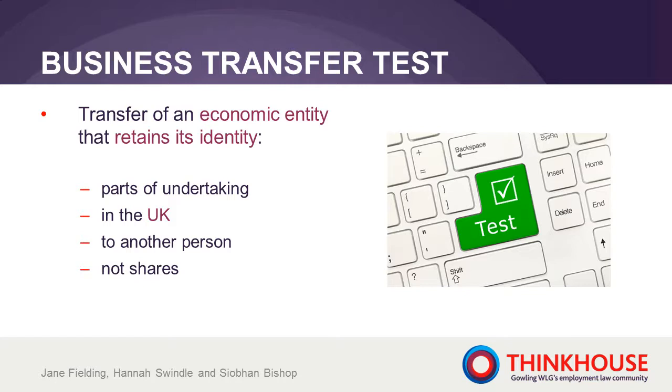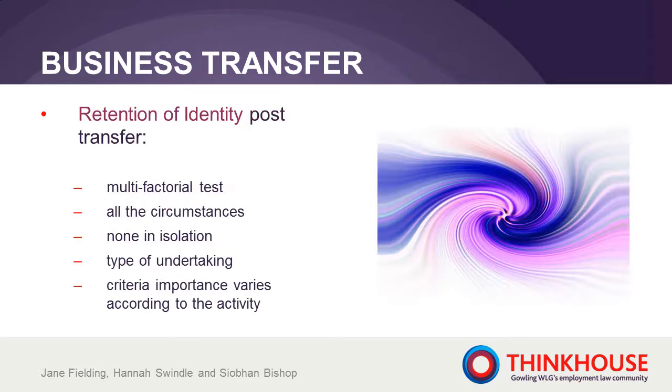So just looking a bit more closely at retention of identity, what do we mean by that, and how will a tribunal approach it? Because what you need to do if you're looking at these situations is think forward to how a tribunal might look at this and try and do the same exercise yourselves to determine whether you're in a business transfer situation. And what case law tells us is that you need to approach this on a multifactorial basis.